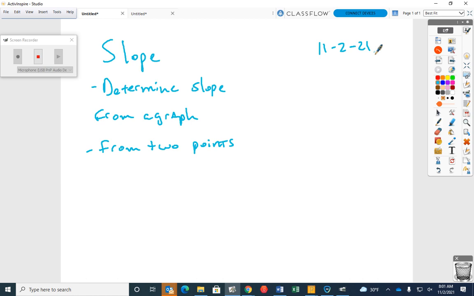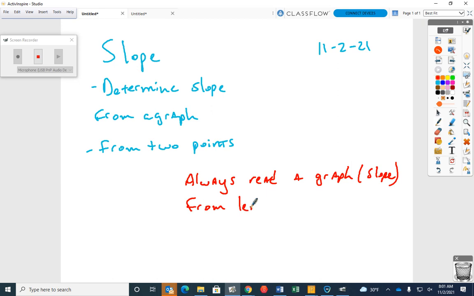So when you read slope, the first thing that's very, very important about slope, always read a graph, and we're talking about the slope, from left to right. So when you look at a graph, you're going to read it from the left side to the right, kind of like when you read words on a page, right?